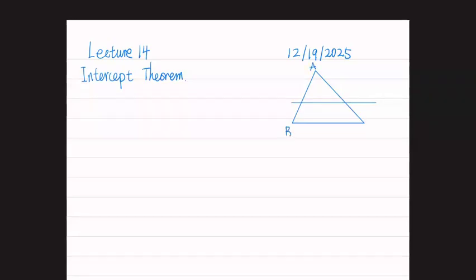A, B, C. The line intersects at E and F. The intercept theorem tells us that if these two lines are parallel, then this pair of sides will have the same ratio.